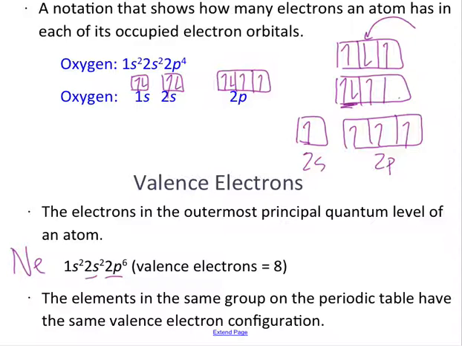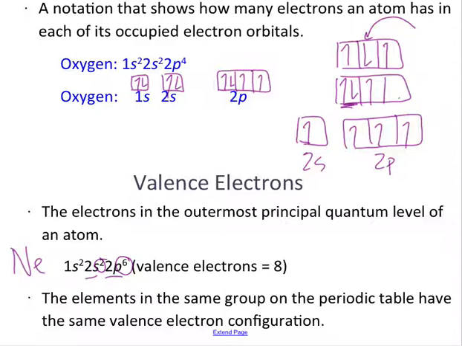So how many valence electrons do we have? 8, the 6 and the 2. Okay? You're going to need to know valence electrons for a lot of reasons when we get into drawing Lewis diagrams and all those things again that we're going to hit next unit. So what I want to do is make sure we know how to determine very quickly from the periodic table using the Roman numerals. Okay?